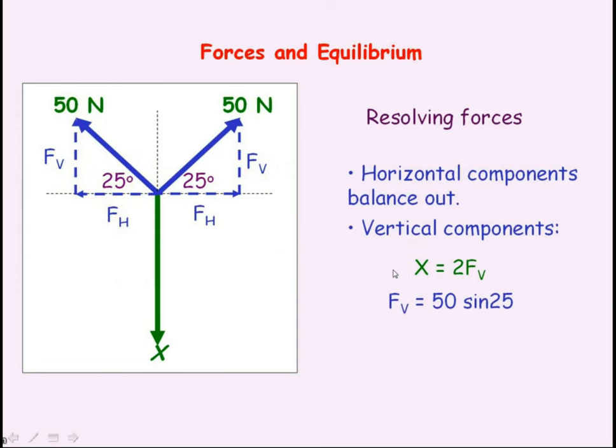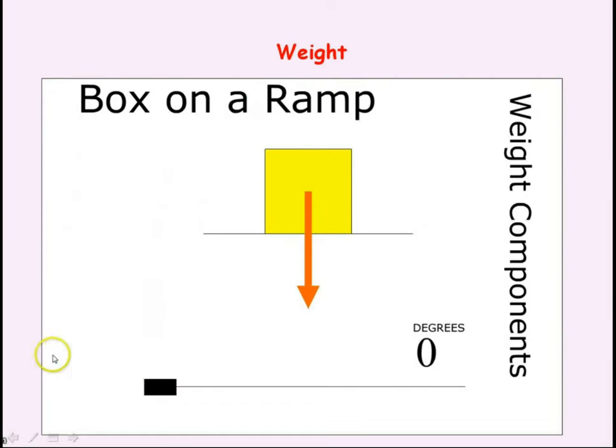So we can say our x is equal to 2 times 50 sin 25. So again, as we've shown with the sine rule and the cosine rule, and now with resolving, x equals 42.3 newtons.